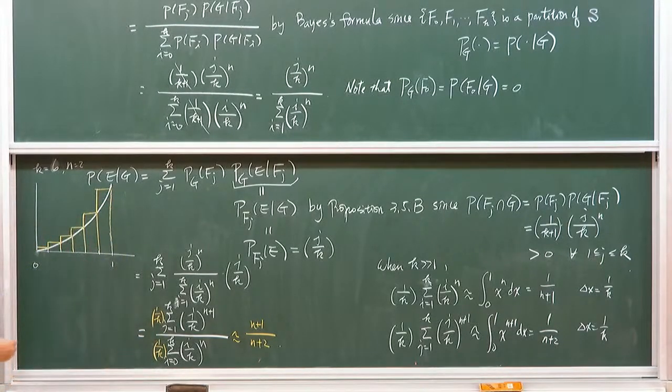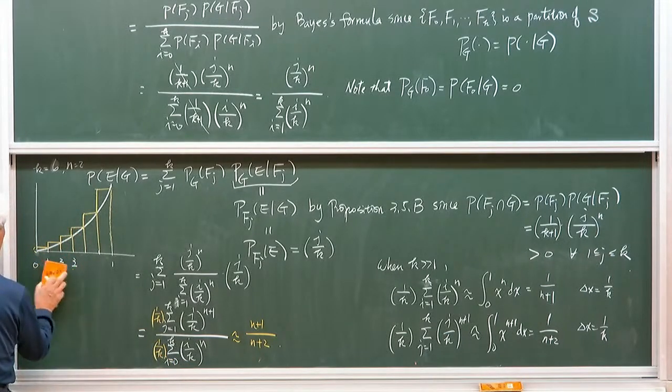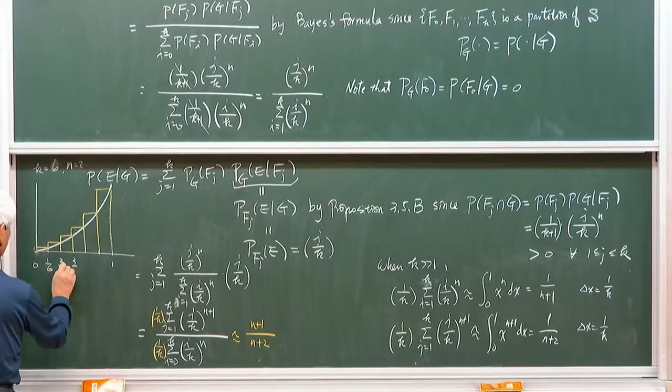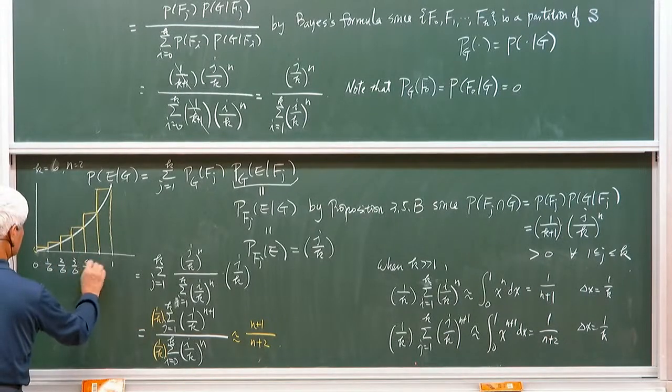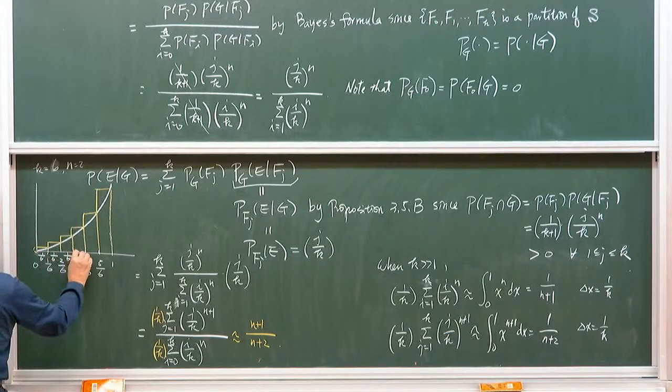Okay, the height here. So here we have 1 over k, 2 over k. So maybe I use 6. Now the width is always 1 over 6.